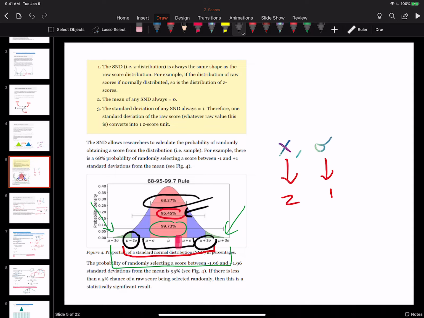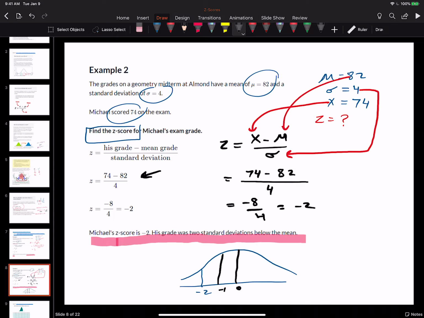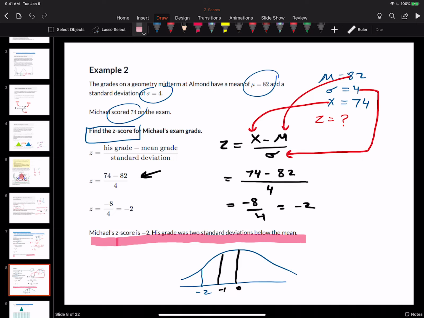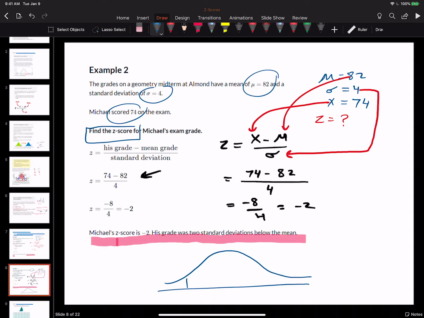95.45%. So about 5% goes green right here and right here. Let me show you on the other page. What do I mean? Let's say 95 approximate. I'm converting the 95.45% for convenience to 95. So looking at the graph this way, between negative 2 and 2, there's 95% of the scores of the data, and he is located right here.